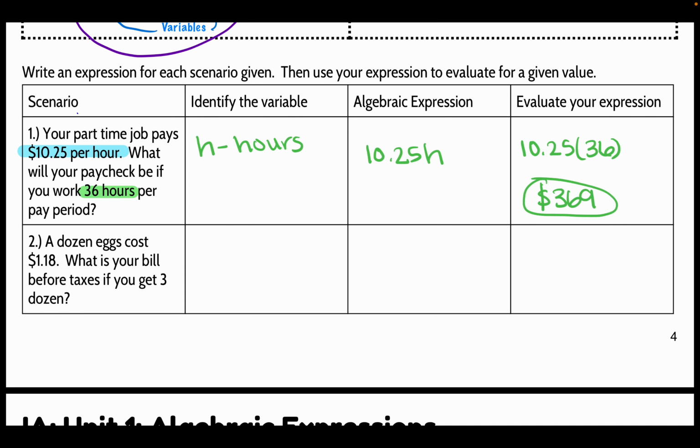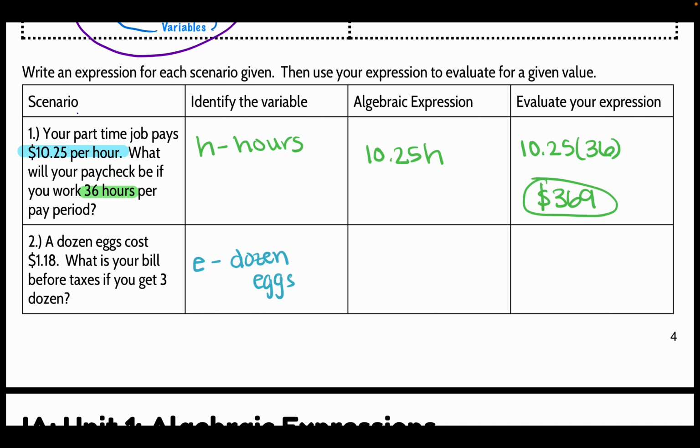A dozen eggs cost $1.18, so that's number 2. A dozen eggs cost $1.18. What is your bill before taxes if you get 3 dozen? So we need to identify our variable. What's changing? Well, the amount of eggs you're buying at the store is changing, so we can use E for dozen eggs.